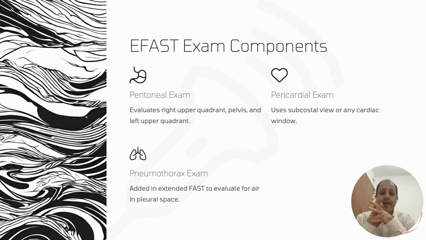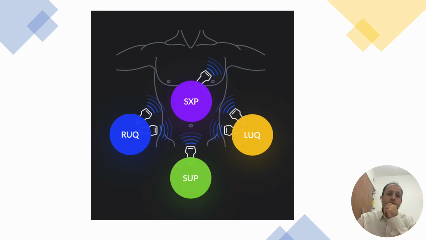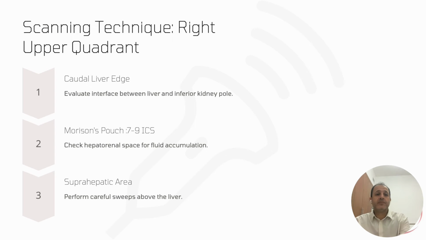The EFAST exam has three components: peritoneal exam, pericardial exam, and pneumothorax exam. We will discuss every component one by one, what the technique is, what the pitfalls are, and how we can interpret them. We will start from the right upper quadrant.